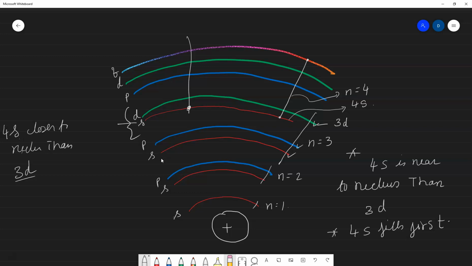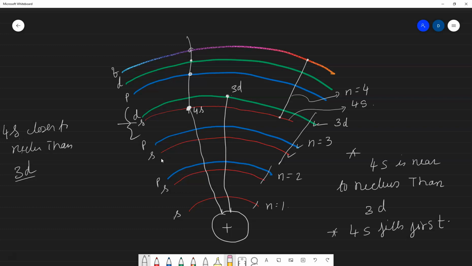So in the fourth shell you got s, p, d, f. The fourth shell has got the f subshell. Now if you look at this diagram, the s subshell in the fourth shell is closer to the nucleus than the d subshell of the third shell. See, this is the third shell d, and this is the s subshell of level 4.